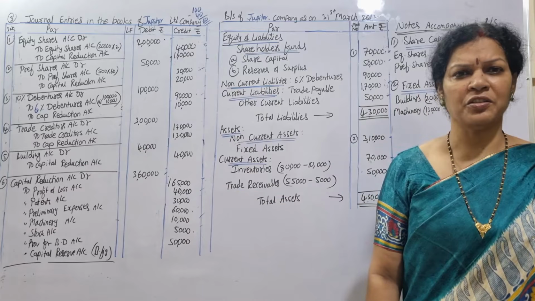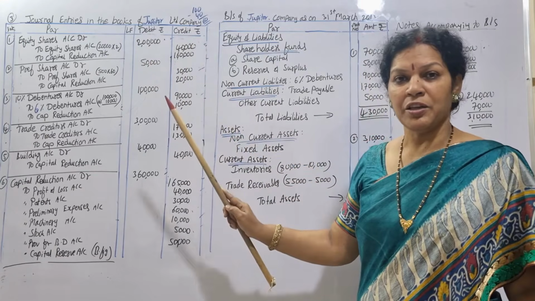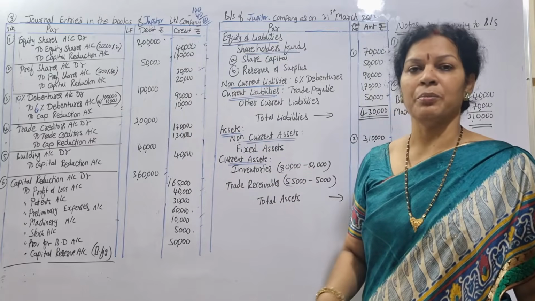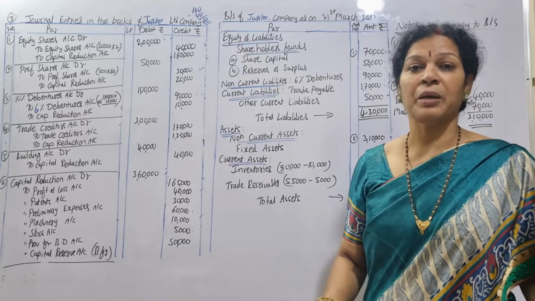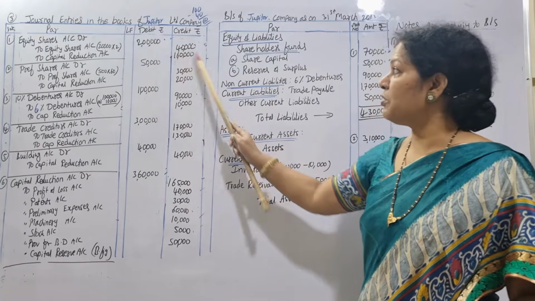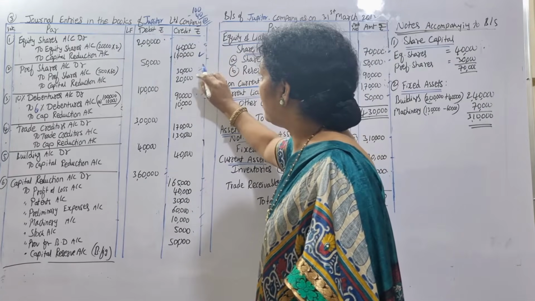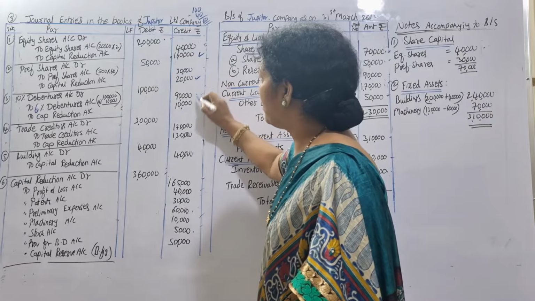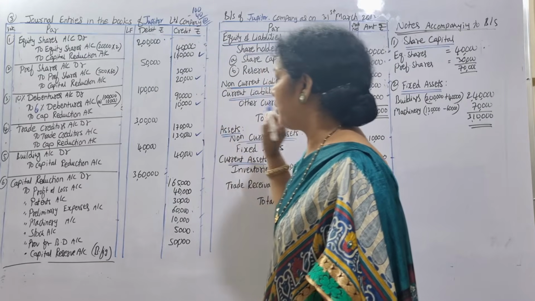Next last entry is, so far whatever we have allocated for capital reduction, all the amounts we wanted to utilize to write off some of the assets. Now what are the capital reduction amounts here? You can see one is 1,60,000 and 20,000, 10,000, 1,30,000 and 40,000.